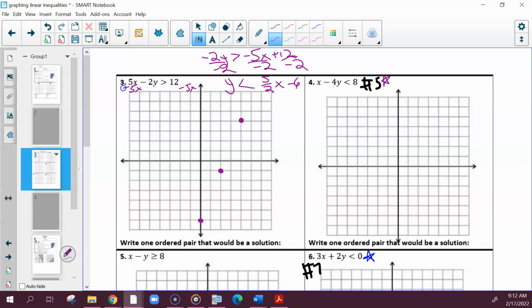Would this be a dashed or a solid line? Dashed. Shaded above or below? Less than is below.